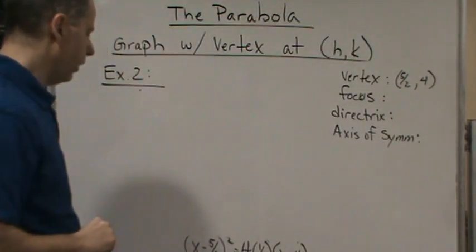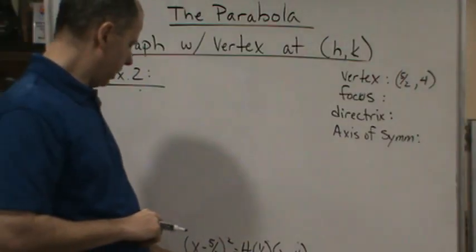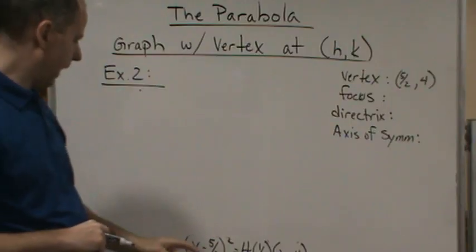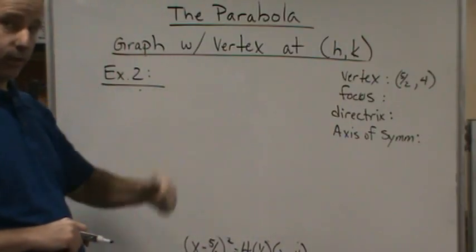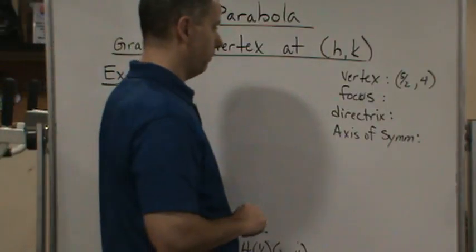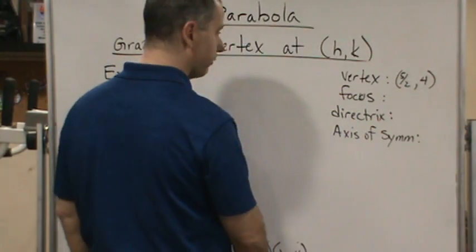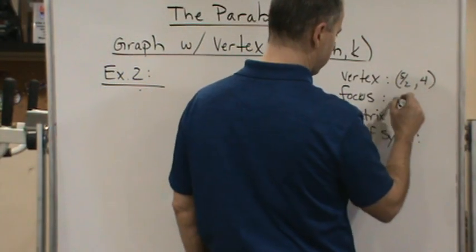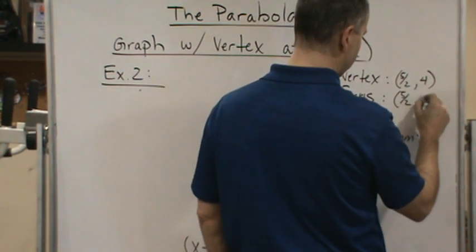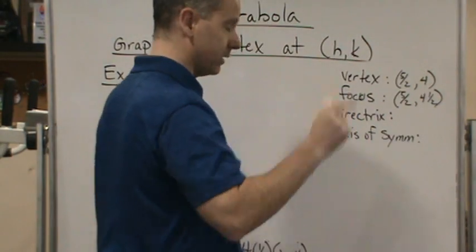The focus. Now, p is equal to 1/2, right? This is going up and down, which means the focus is going to be 1/2 unit higher than the vertex. So the focus is going to be at 5 halves, comma 4.5. And that's where the focus is located.